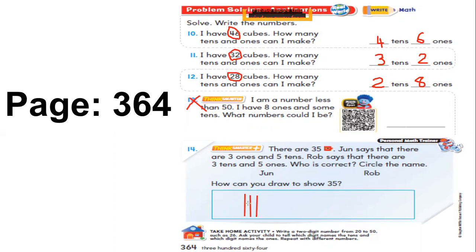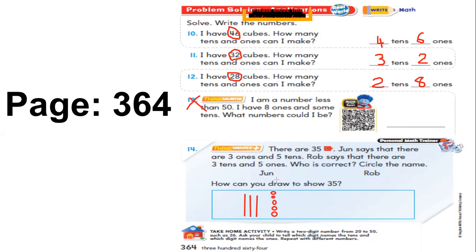It's 35, so 3 tens and 5 ones. 1, 2, 3, 4, 5. 3 tens and 5 ones. That becomes 35.